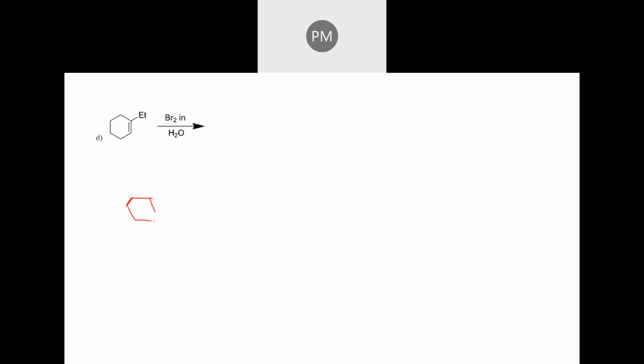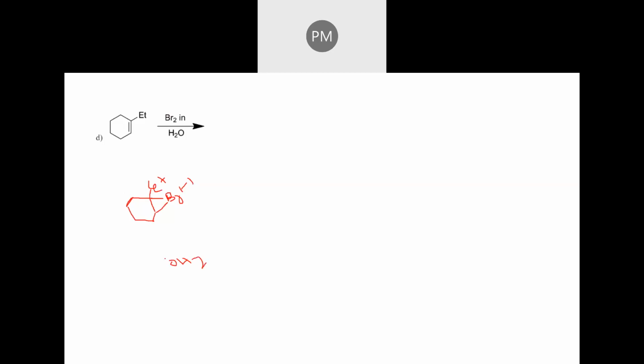The bromide first forms an intermediate like this, with ethyl. Now the water will attack from the two sides. There will be a possibility of attack from both.